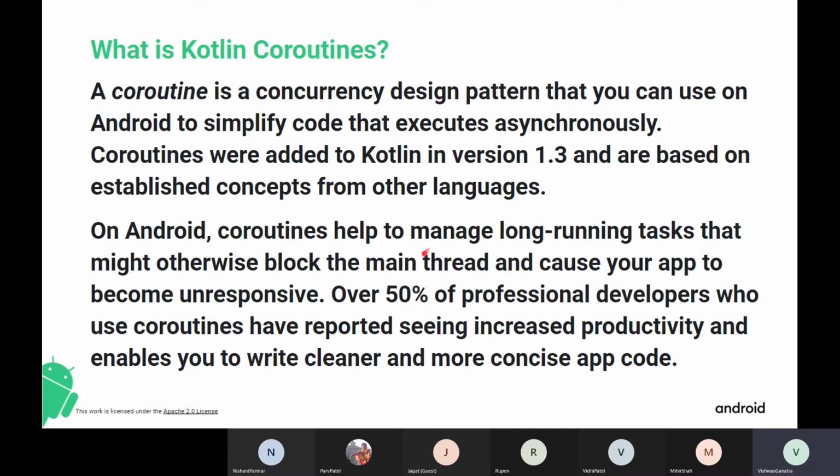Preemptively, the thread works in such a way that it will block other processes to execute first, but coroutines do not prefer to block any thread and they are non-blocking. They run in such a way that they execute parallel to the main thread and other threads. It won't block any execution.